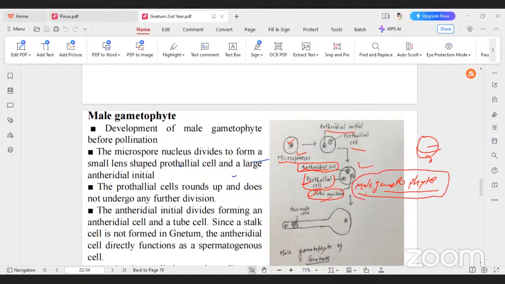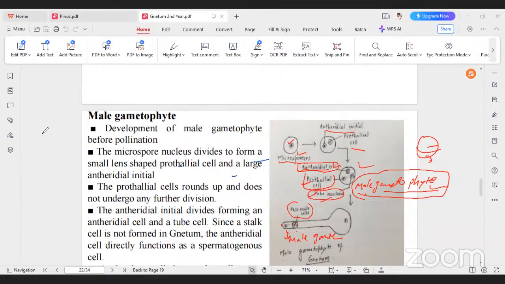After formation of the male gametophyte, what develops from it? The male gametes. From the tube cell, the pollen tube is formed. From the antheridial cell, two male gametes develop like this. So this is the development of the male gametophyte. This is the male gamete; this is the three-celled gametophyte. Inside the tube, only one cell is the male gamete. Is it clear?